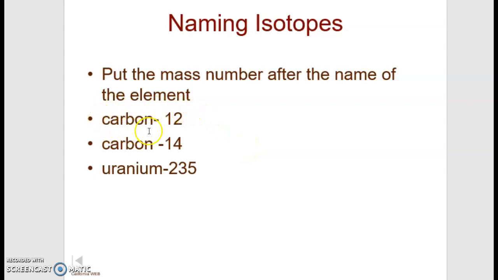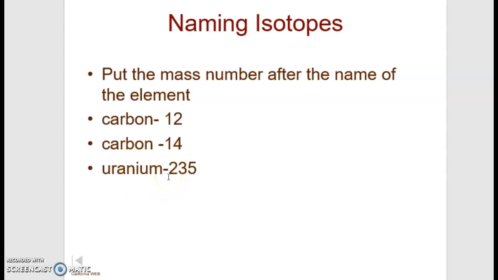So carbon-12 has 6 neutrons, carbon-14 has 8 neutrons. Now, fortunately, we're given the mass number, so all we have to do is look at the periodic table, find the atomic number, and then we can see that there's a difference of 2 neutrons between these two.